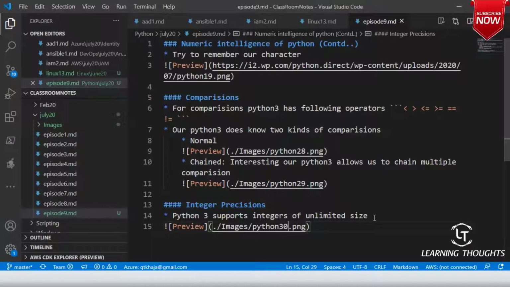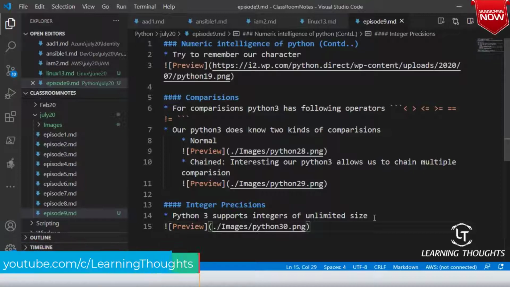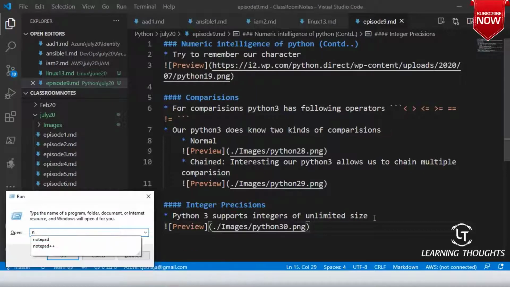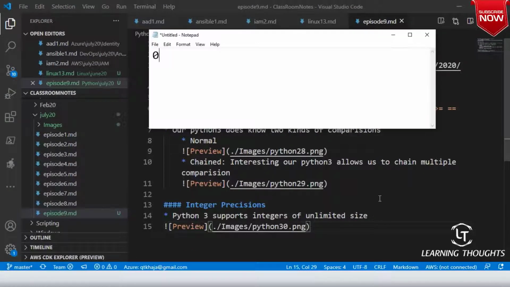We'll be getting into some utilities, but before that, I want to speak about some interesting problems. What is the value of 0.1 plus 0.1 plus 0.1 minus 0.3? Everyone agrees it is 0. So shall we ask Python the same thing?